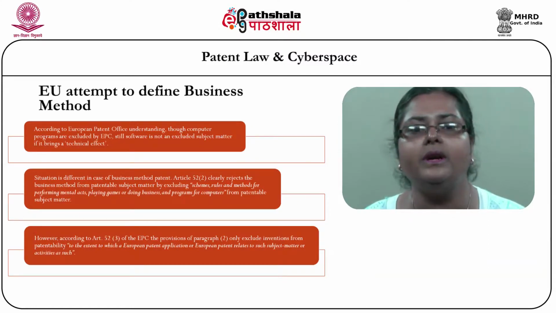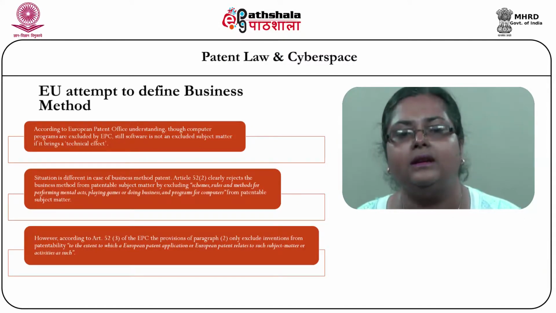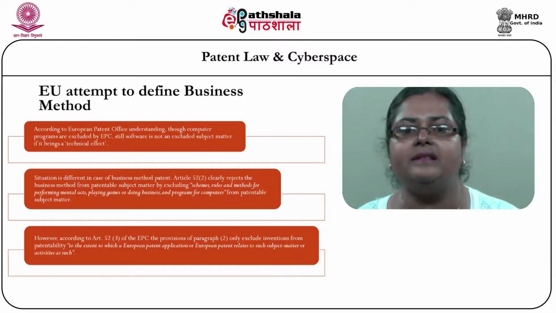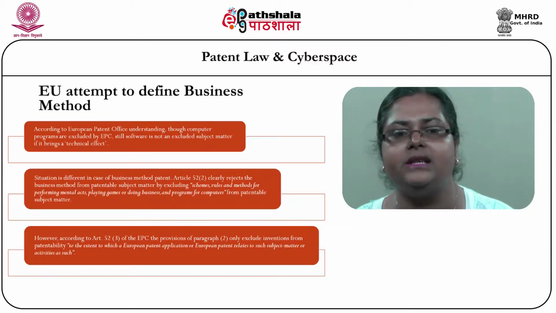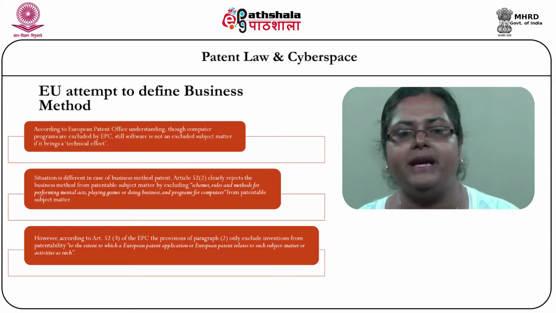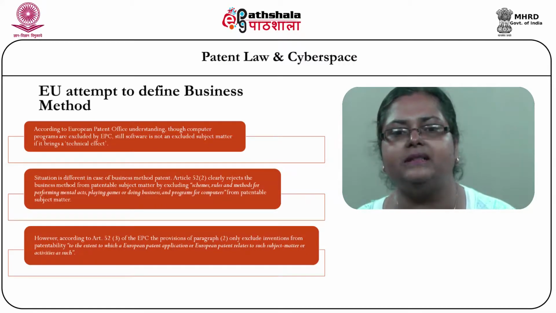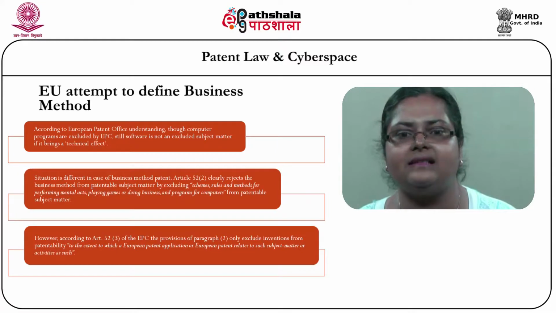However, according to Article 52(3) of the EPC, the provisions of paragraph 2 only exclude invention from patentability to the extent to which a European patent application or European patent relates to such subject matter or activities as such. Now, what is the meaning of as such? Again, it creates a huge problematic area. There is no clarification of that particular phrase as such.